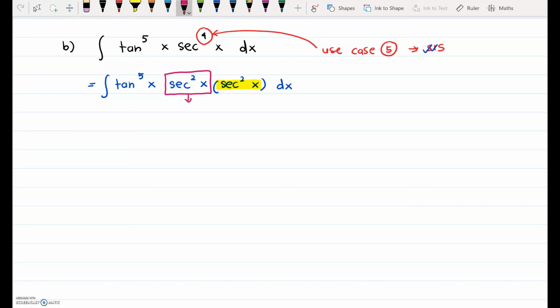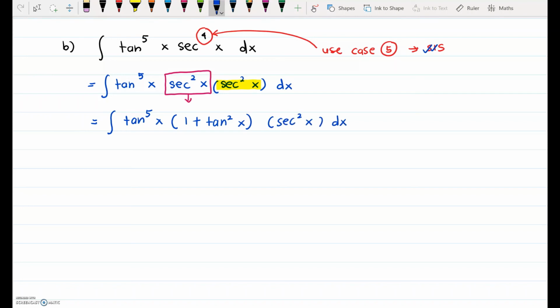After modifying it using the identity formula, we have the integration of tangent to the power of 5 x, times 1 plus tangent square x, times secant square x dx.